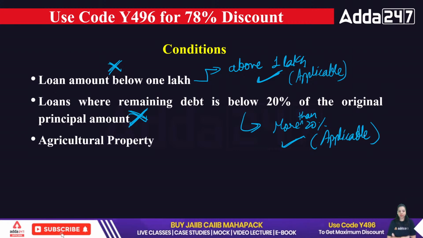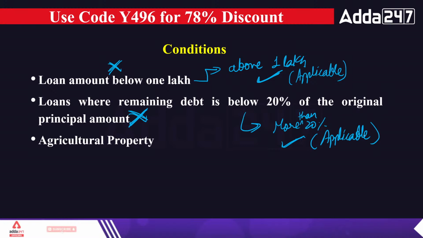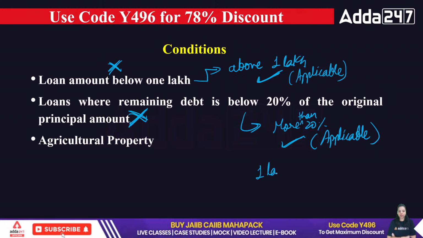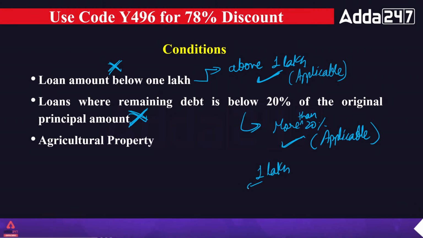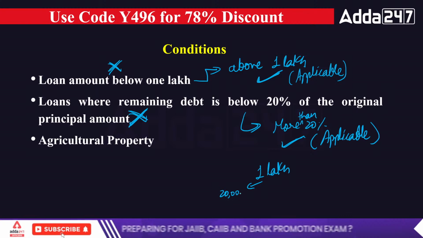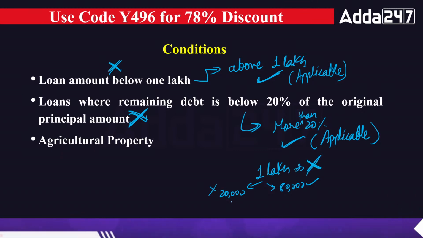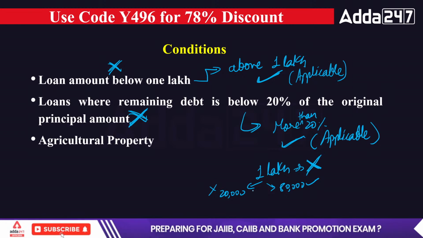Out of that, the customer has returned 80,000, and only 20,000 is remaining. In that case, you can't apply the SARFAESI Act, because more than 20% of the amount should be remaining.